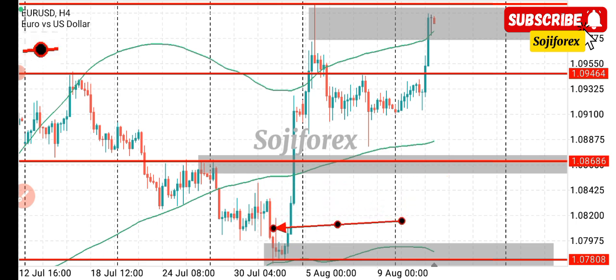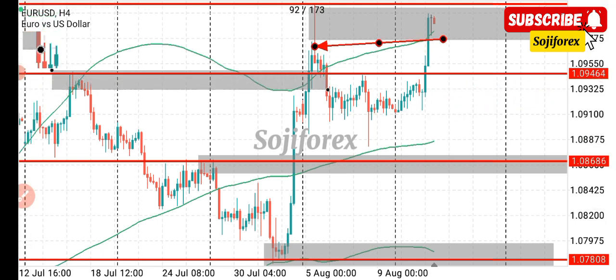Support and resistance are zones where price moves from and price takes away liquidity. Okay, so having established that, all these zones you see me mark now are my areas of support and resistance, supply and demand.